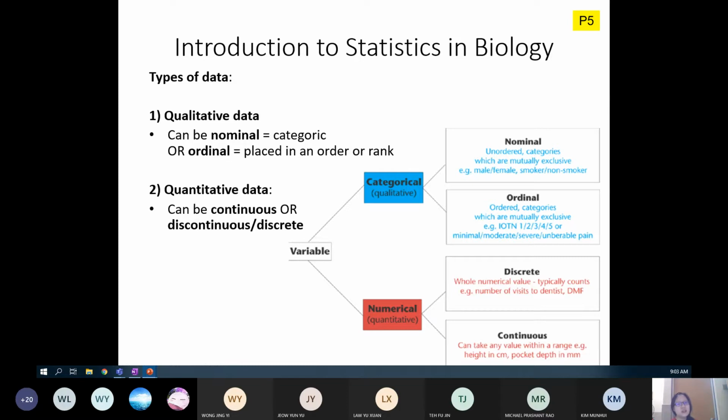You can have 150.1 cm. You can have 150.11 cm. You have all these little values in between, many decimal places. Whereas discrete data, discontinuous data, is usually whole numbers. So number of visits to the dentist, number of bubbles, number of cells in the field of view. These are discrete values.